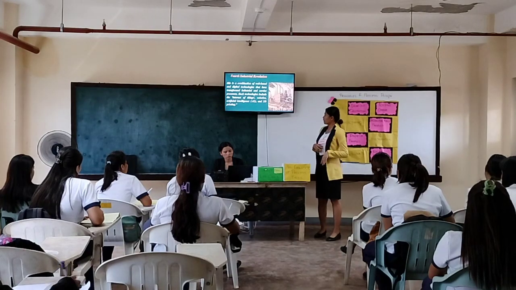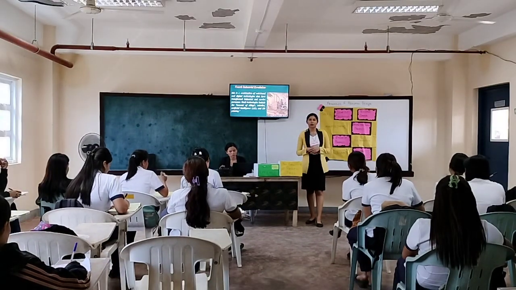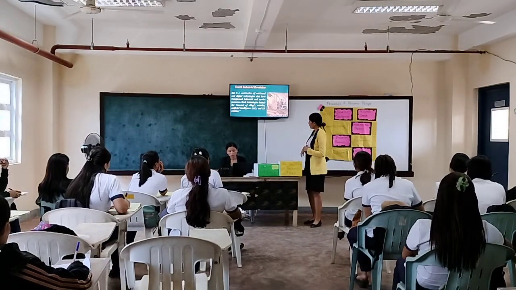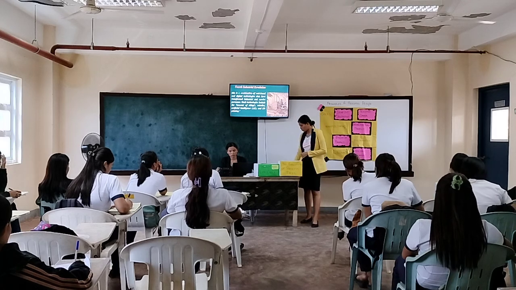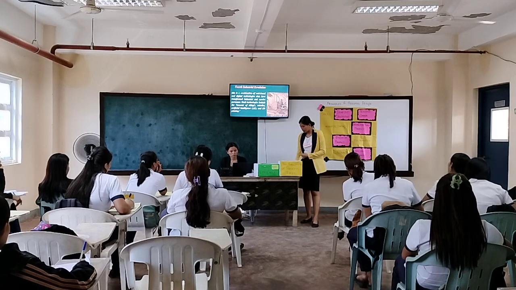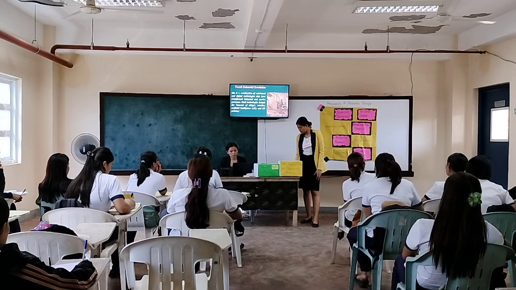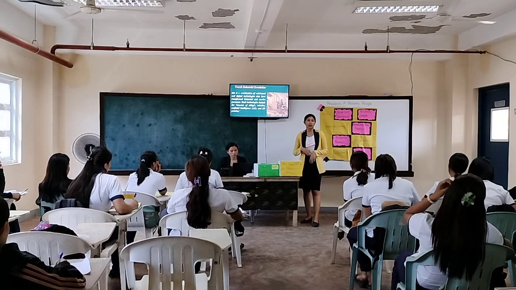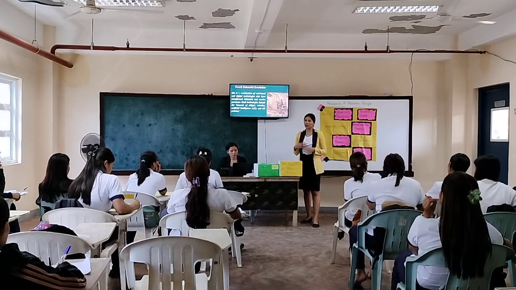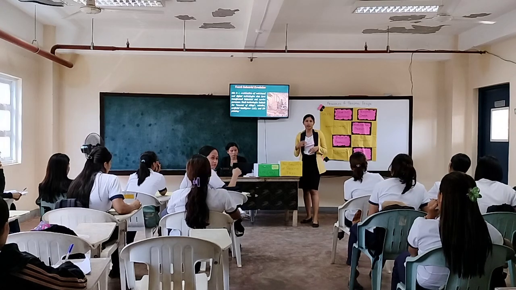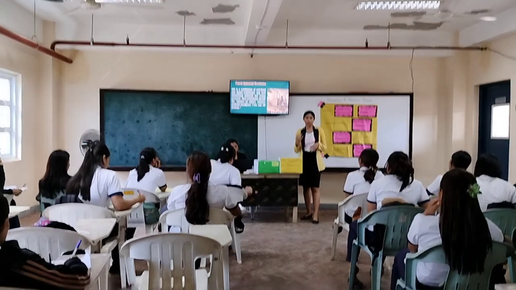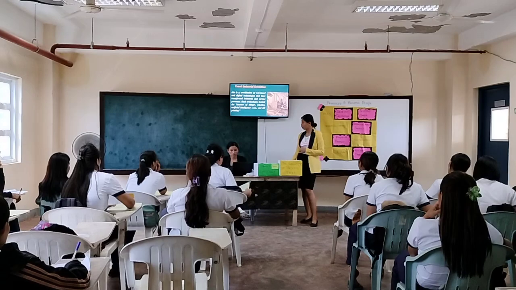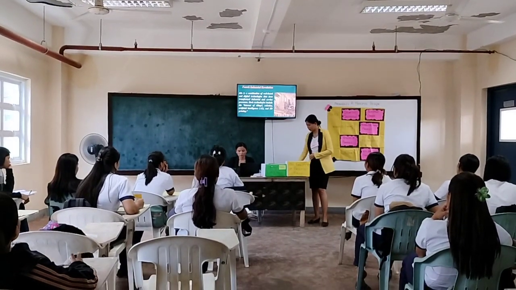For example, artificial intelligence, robotics, and 3D printing. So the industrial revolution can provide insight or feedback to the producers about the products they sell. And that's the end of my topic.